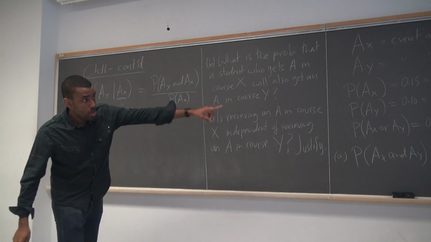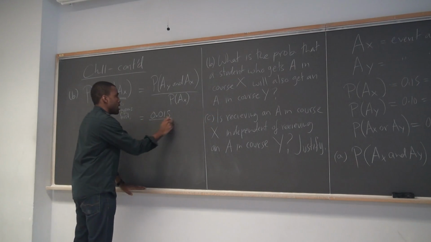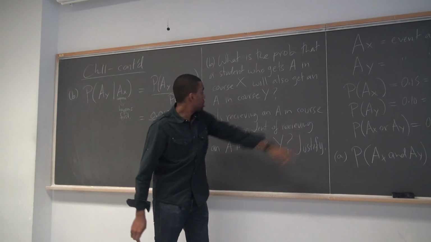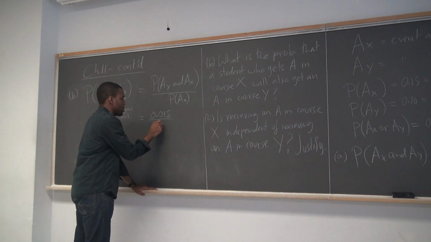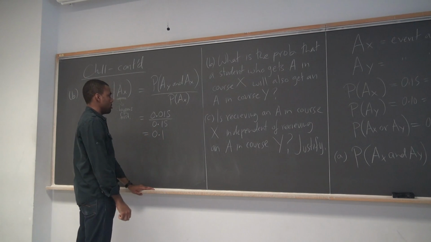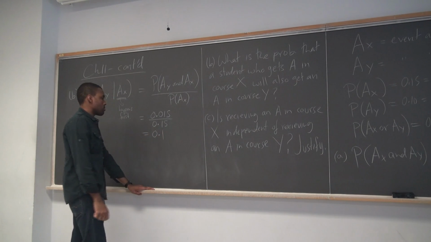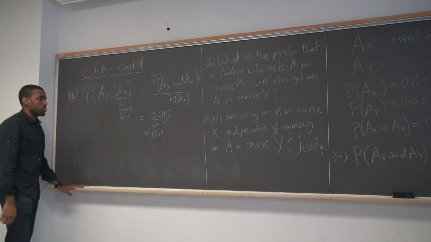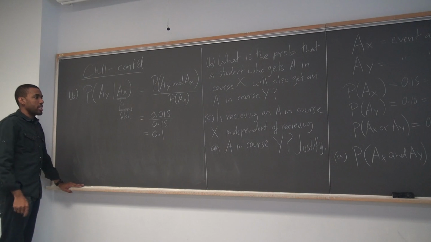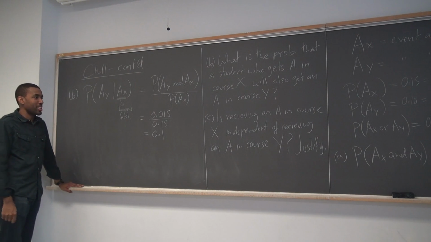That's what we actually found in part A. Divided by the probability of getting an A in course X, which is 0.15. So what's that, 0.1? Yeah, 10%. So if you get an A in course X, there's a 10% chance you'll get an A in course Y.